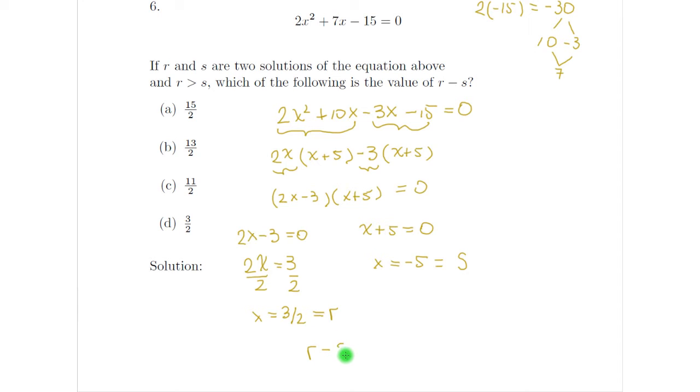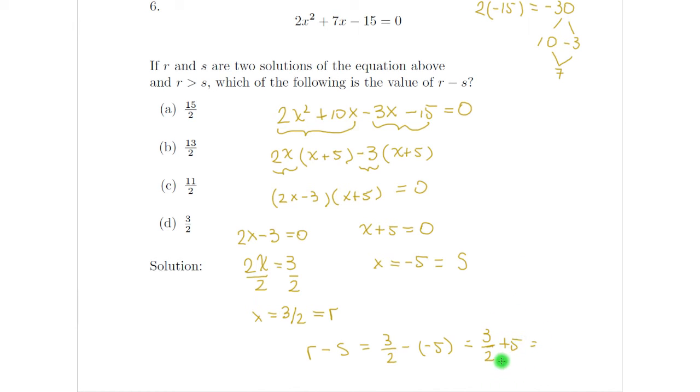So R minus S is just 3 halves minus negative 5. Okay, now minus and minus gives positive, so I have 3 halves plus 5. But now we have to add this fraction with this number. And the only way to do that is with common denominators. So what is the common denominator here?